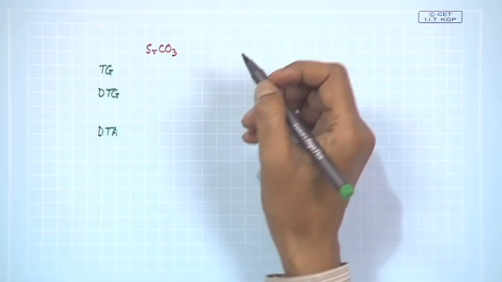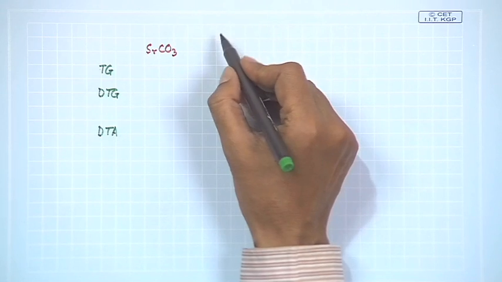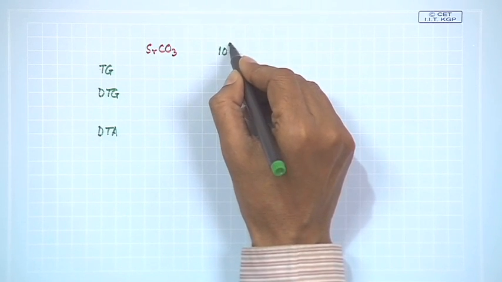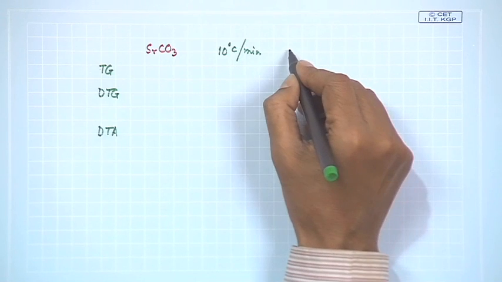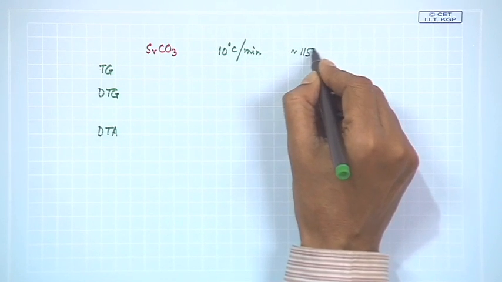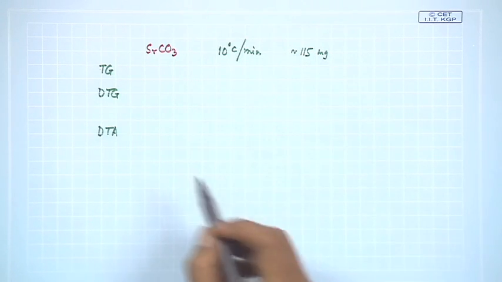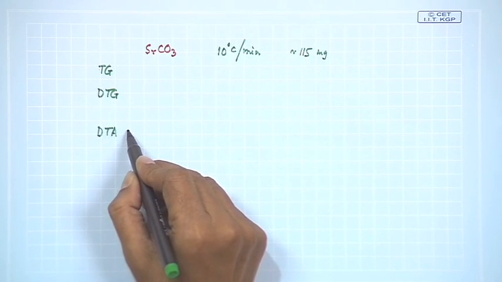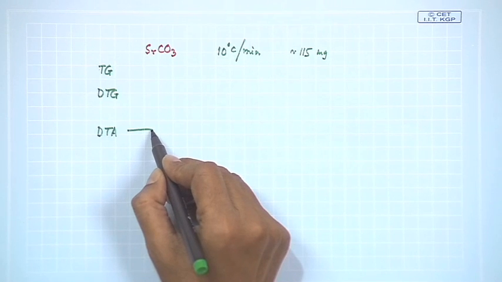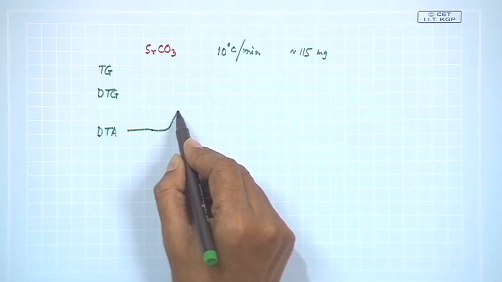Will it be the same compared to that of calcium carbonate? No, it is not. If we take strontium carbonate and heat it at 10 degree centigrade per minute, and if we take around 115 milligram of the sample, we require a little bit higher amount of sample, because it depends on that particular sample and on the corresponding sensitivity.